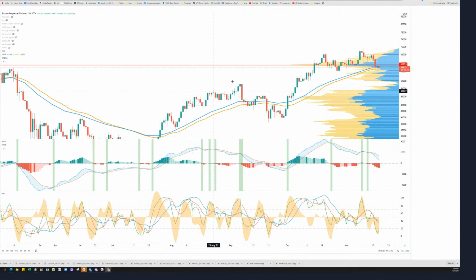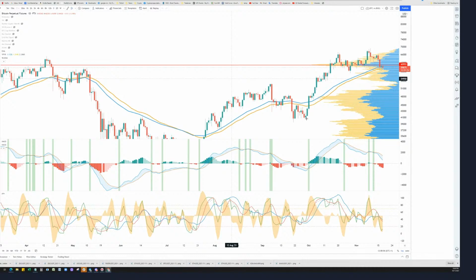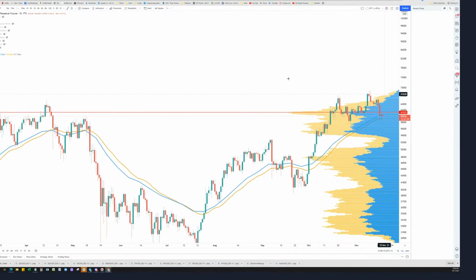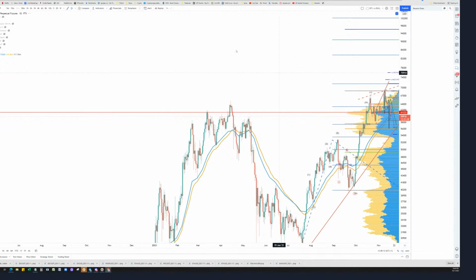And let's look at it from the big picture. This is another profile, and it's cleaner. It's a cleaner chart.